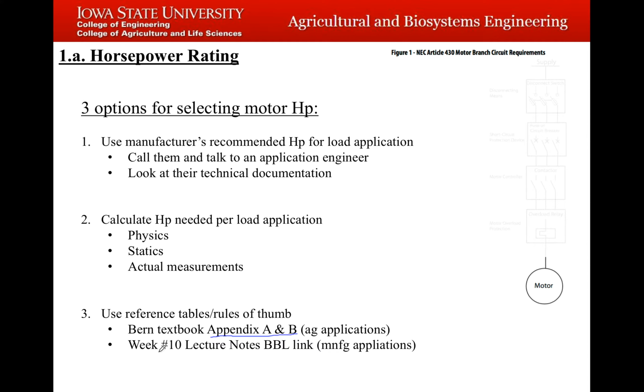There's also a link in the Week 10 lecture notes that talks about the manufacturing applications, and I'll show you that one when we get to Blackboard. But here are some references that we can use to give us generic or common horsepowers for different types of applications. So we need to consider all these things, right? Identify first, what's the horsepower of the motor we want? Three areas we can go to get that answer.